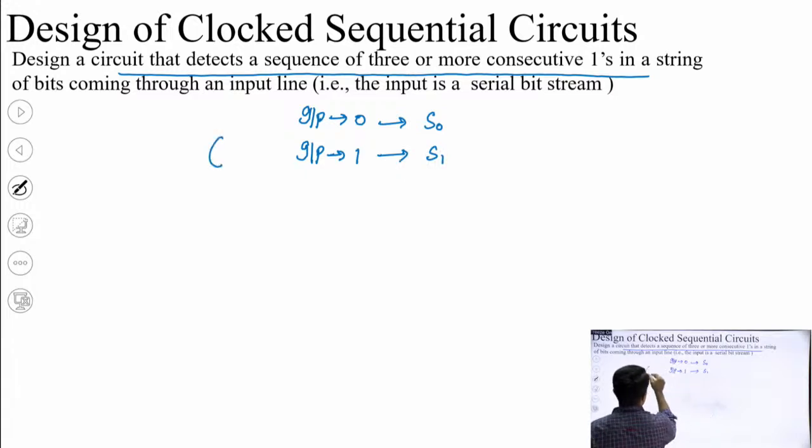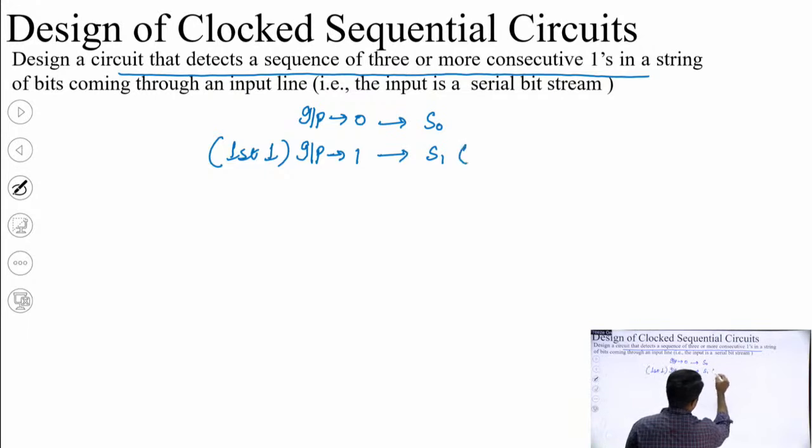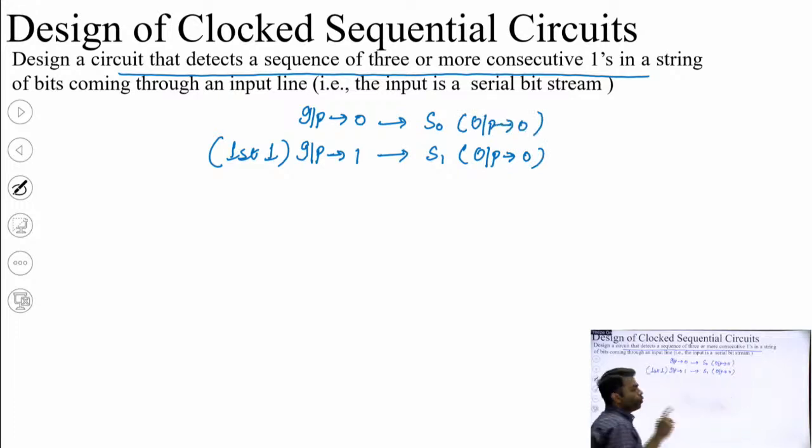That means the first one will be detected, so I am denoting it as state S1, but output will be 0. Here also, in the first step, output is 0. Output will be 1 only when we get 3 consecutive ones at the input side.